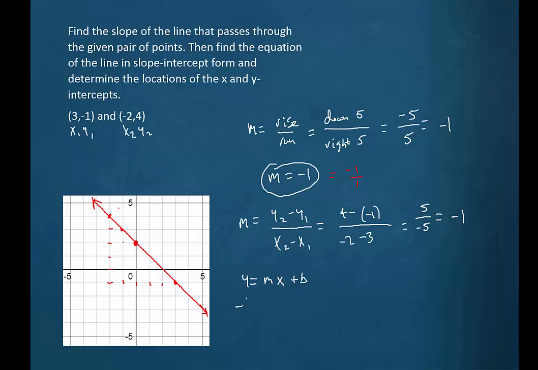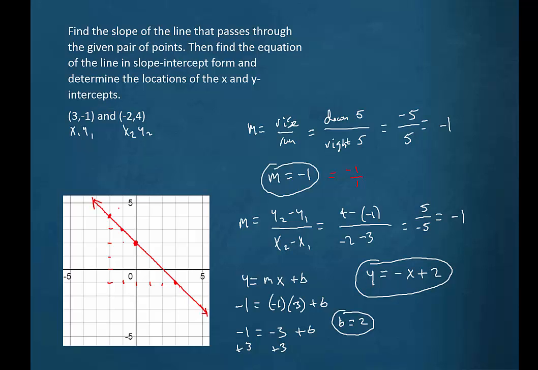So we would put -1 in for y, -1 for m, and then 3 for x, plus b, and solve for b. So we have -1 equals -3 plus b. We'll add 3 to both sides, and we'll find out that b is 2, which is what we thought when we eyeballed it here on the graph. So the equation of our line here then is y equals -x plus 2.